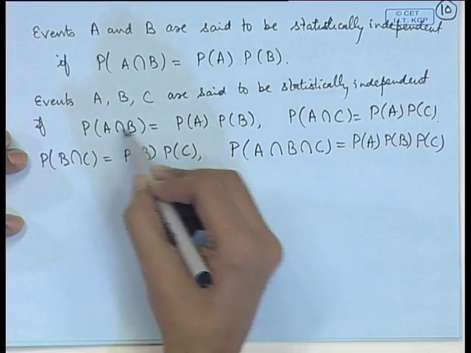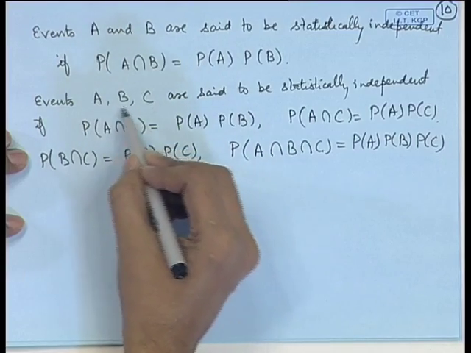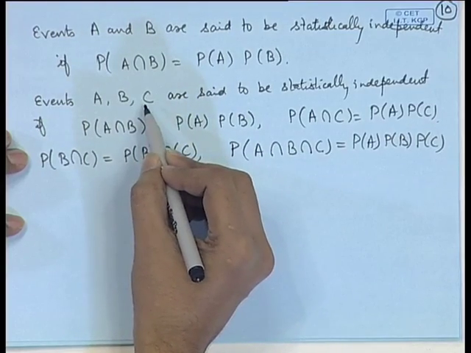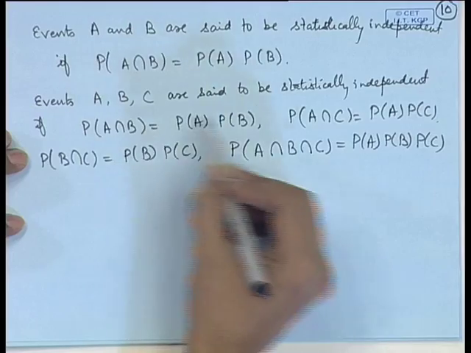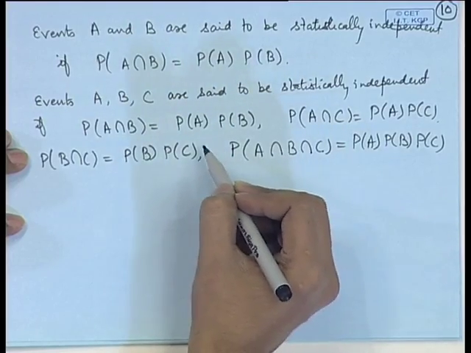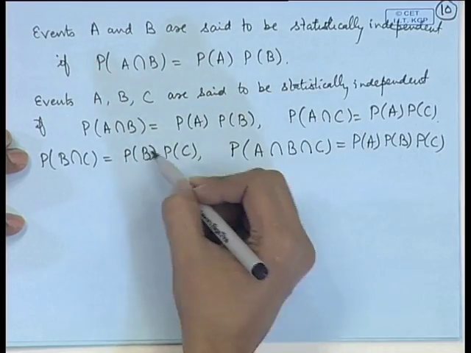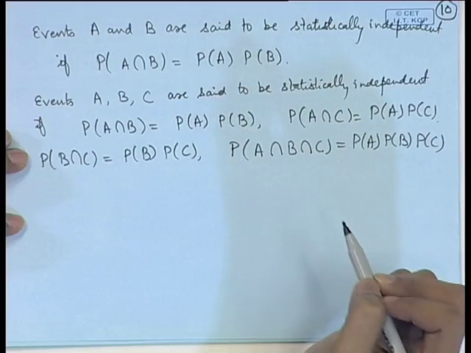Therefore, in order to define the statistical independence of three events, we have four conditions, namely we take two at a time and then all the three at a time.